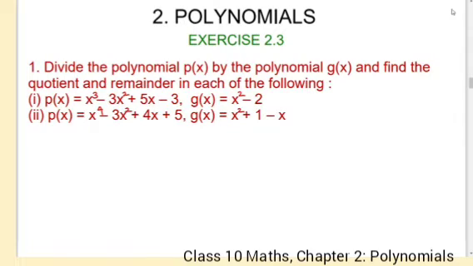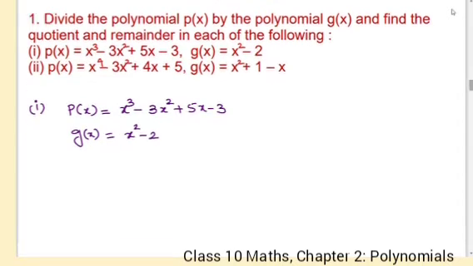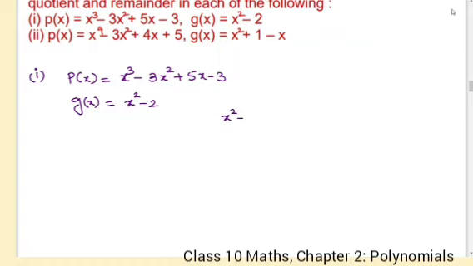Now exercise 2.3, first question. Divide the polynomial p of x by the polynomial g of x and find the quotient and remainder in each of the following. First question, p of x is equal to x cube minus 3x square plus 5x minus 3, and g of x is equal to x square minus 2. You have to divide these two terms.